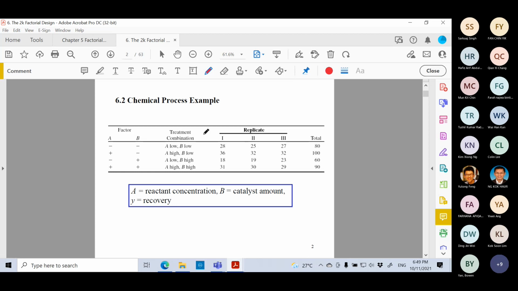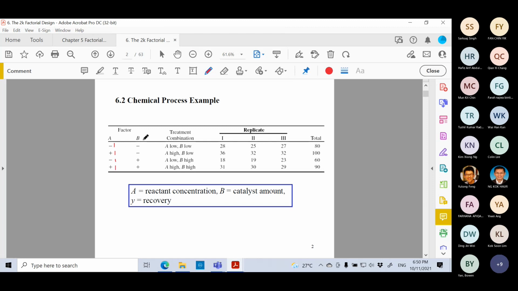We consider an experiment where factor A consists of a low level, for which we use the notation minus, and a high level, for which we use a plus. Or sometimes they use -1 and +1, either +1 or -1, to represent the low level and the high level.